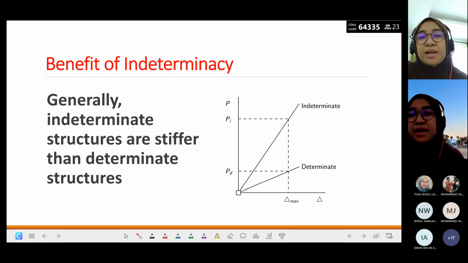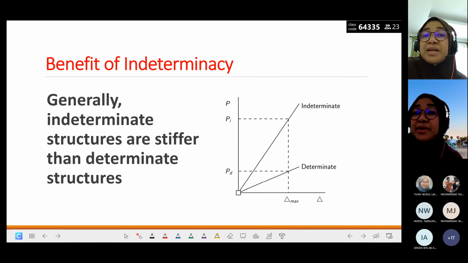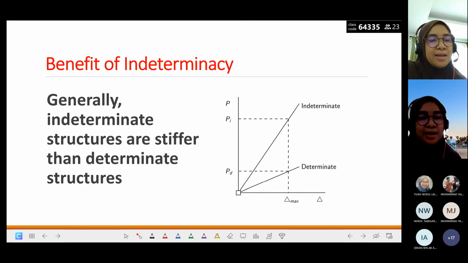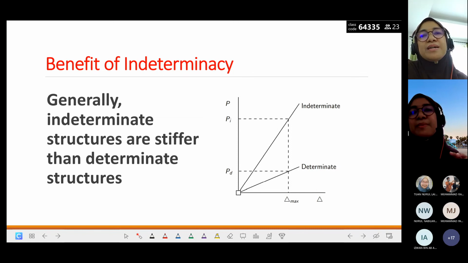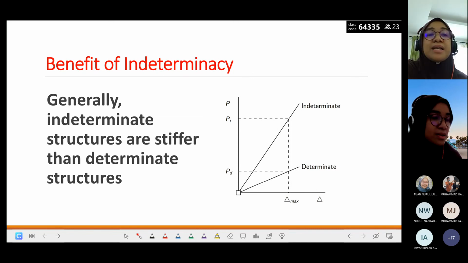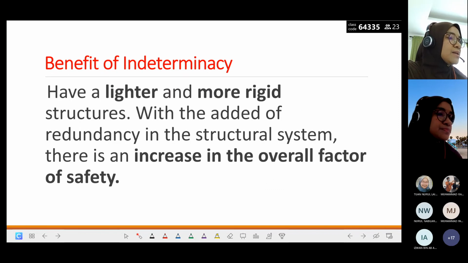We can see that for the indeterminate line, whenever P is increased, the displacement will decrease. So the structure is stiffer for an indeterminate structure, and if the structure is stiffer, the displacement will be reduced. This is one of the benefits of having an indeterminate structure rather than a determinate structure.